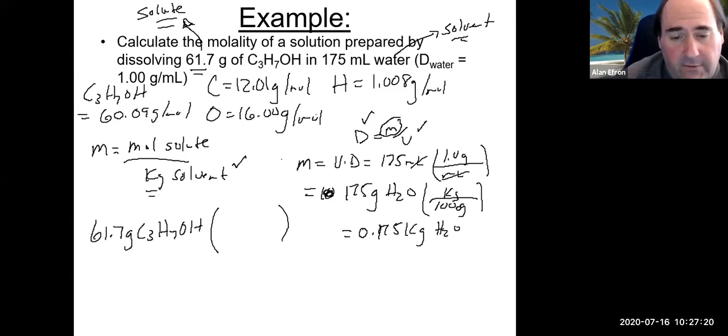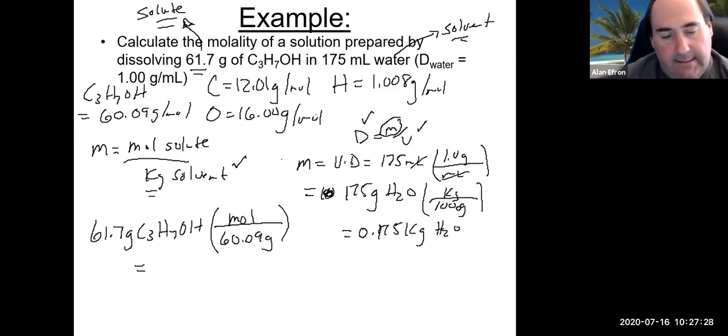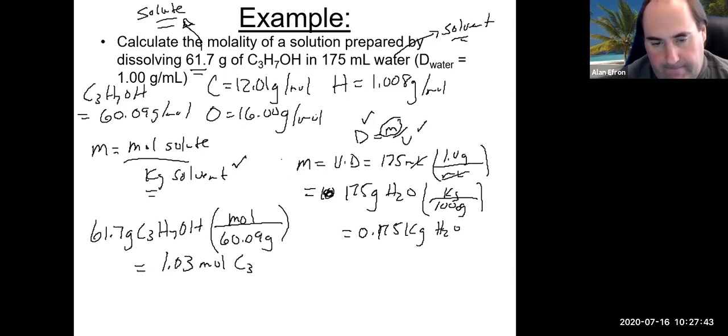We're going to use the molar mass again to convert it into moles, which is what we need for our formula. And that will get us, we'll call it 1.03. And that is the moles of our solute.